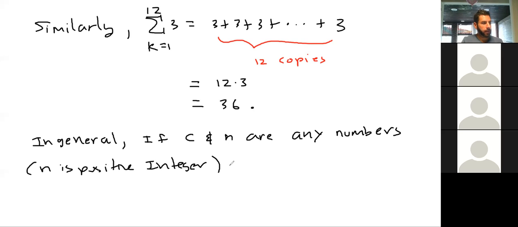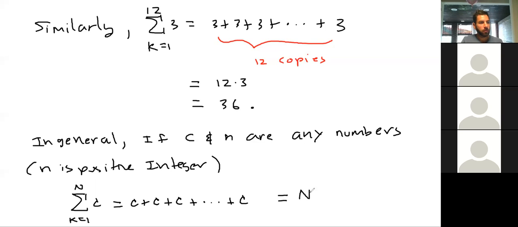What can we say? Well, the sum of C, if you want to add C up N times, this would be C plus C plus C plus C, N times. Well, that's just going to equal N times C.